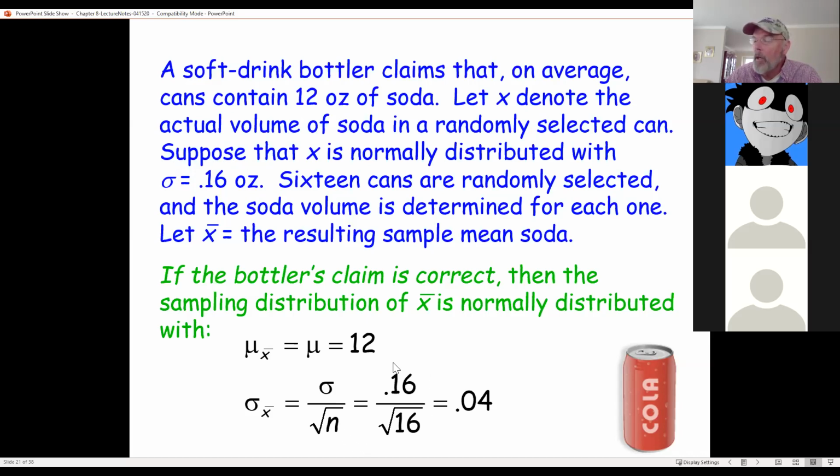This term is derived from the population standard deviation, and it is actually the standard deviation of the sample means. Here is sigma, and here is the square root of n, which is 16 cans. Questions?